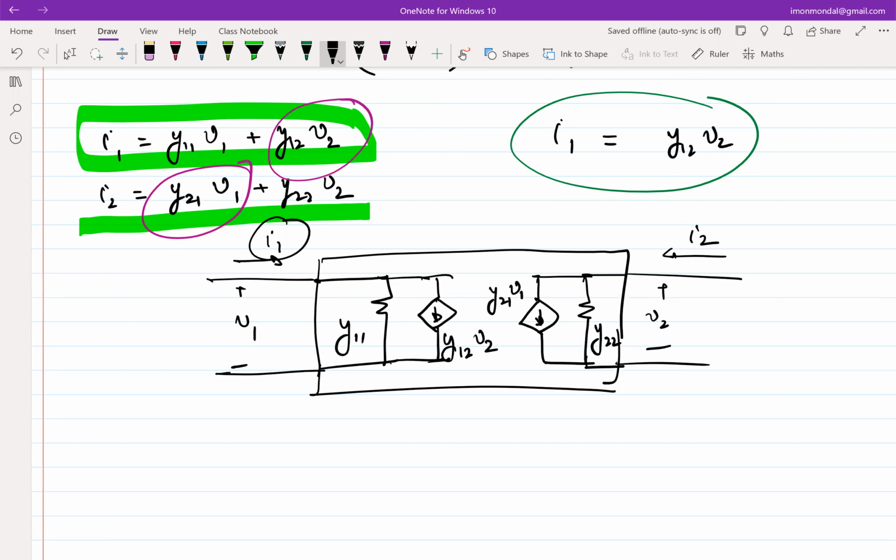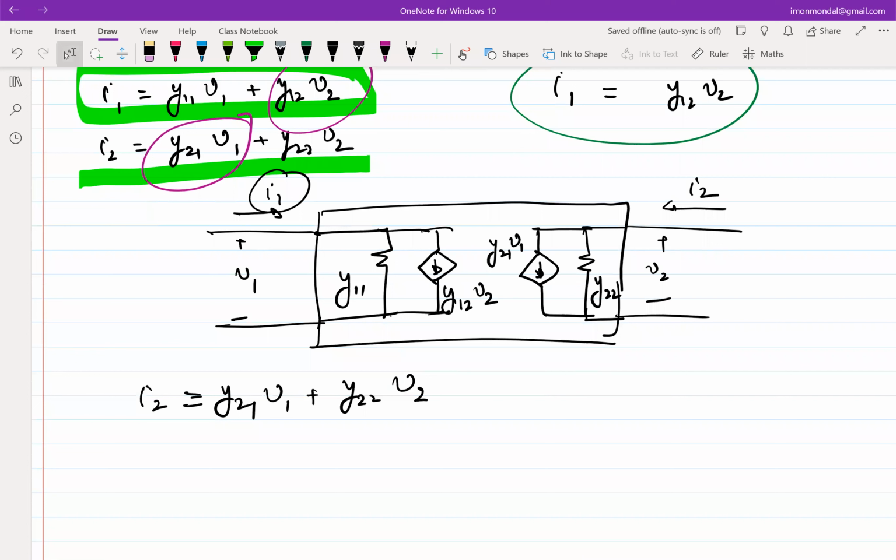Okay, so let's concentrate on this equation. What is this telling us? This is telling us that the current in port 2 is directly proportional to the voltage across port 2, right? And also there is an extra current that is flowing in, which is proportional to the voltage across port 1.